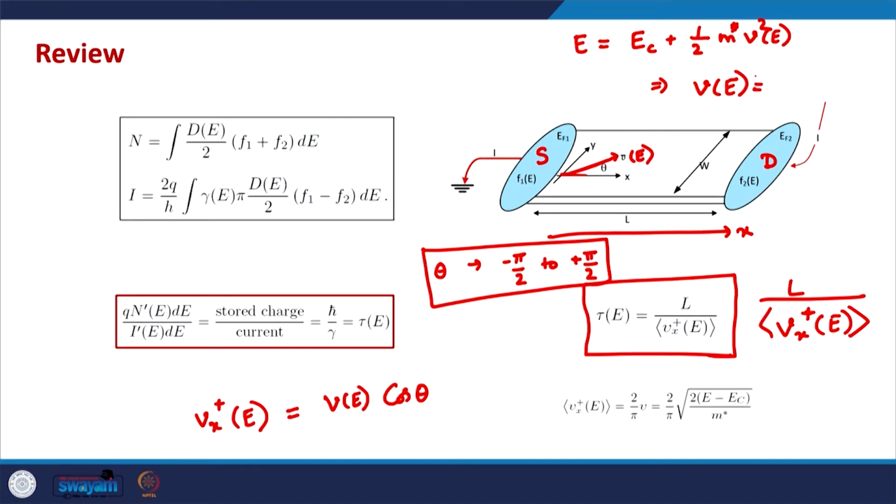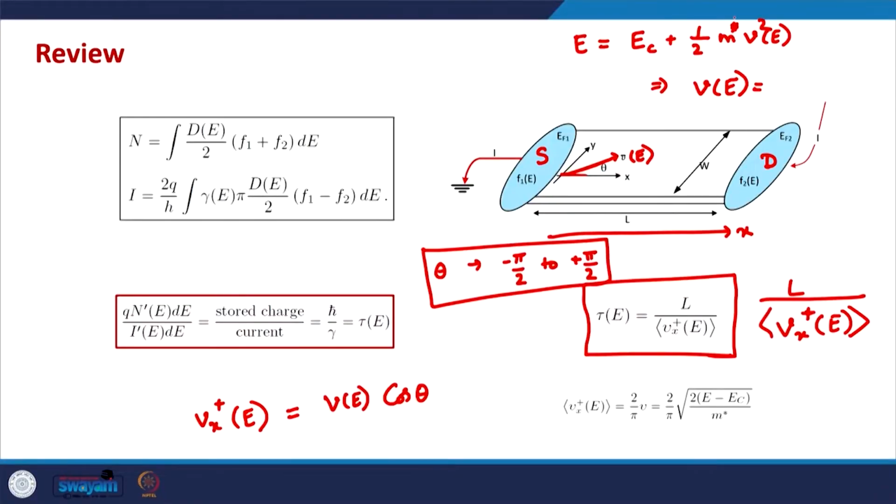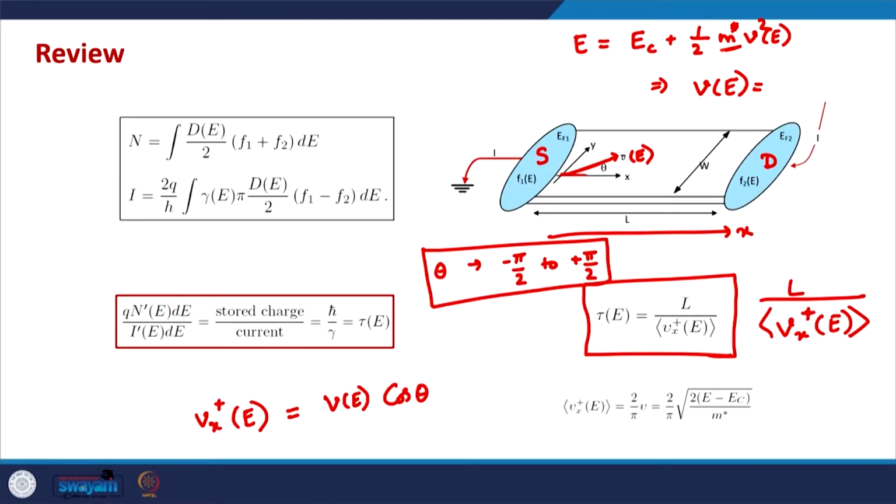Please keep in mind that generally when we treat the electron as a classical particle, we need to have a parabolic band structure, which means the E-k relationship should be parabolic: E should be equal to Ec plus h bar square k square divided by 2m star, with the effective mass instead of the electron mass. So this Ve will be the square root of 2 times E minus Ec divided by m star.